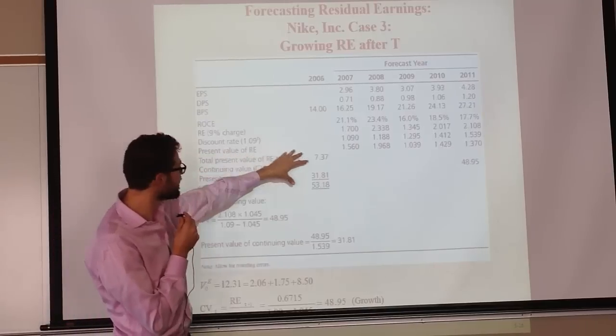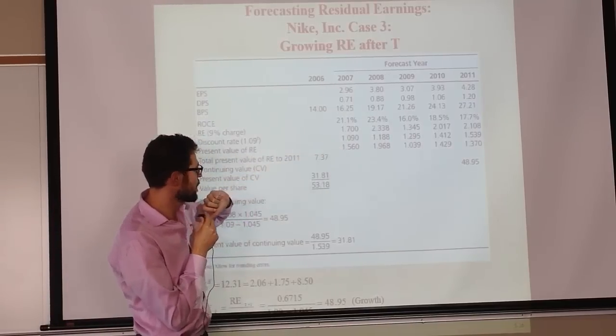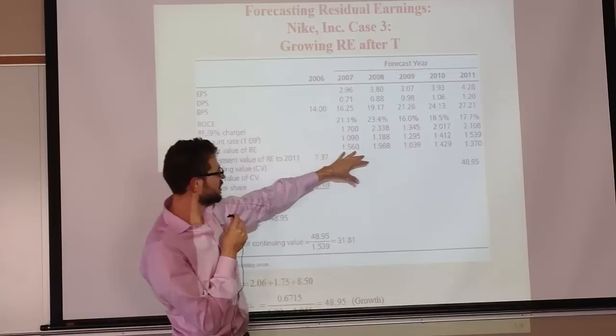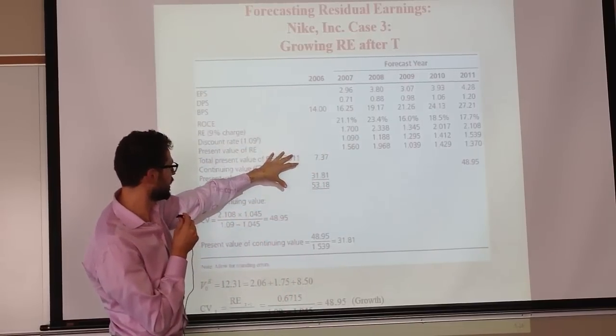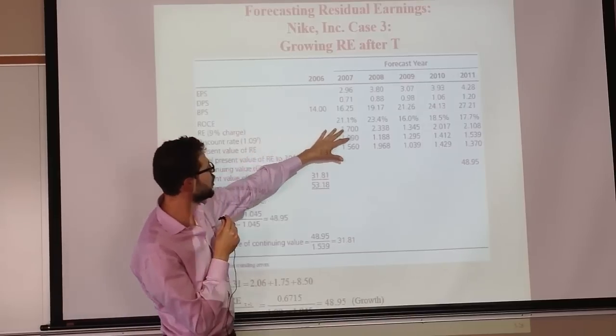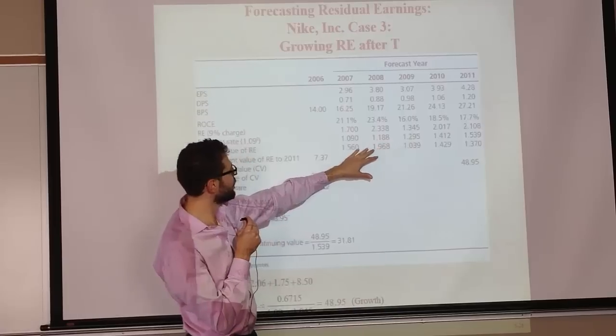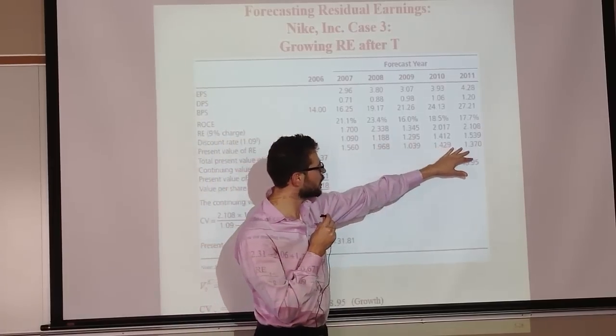We take the present value of residual earnings over the next 5 years at our discount rate. So this is the residual earnings, this is the discount rate, and this is the discounted residual earnings.